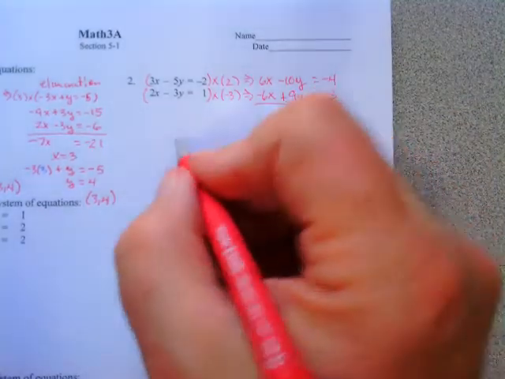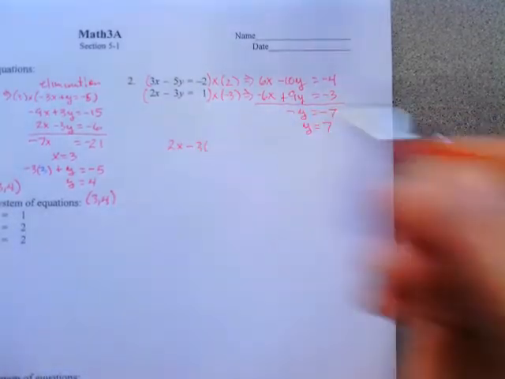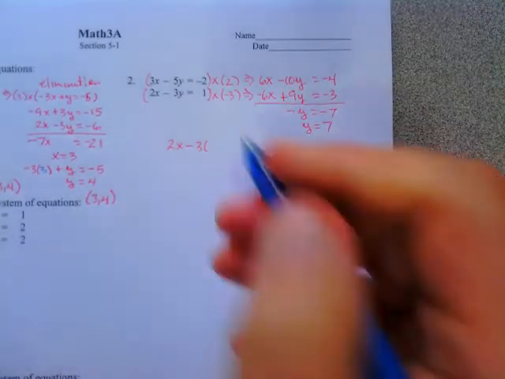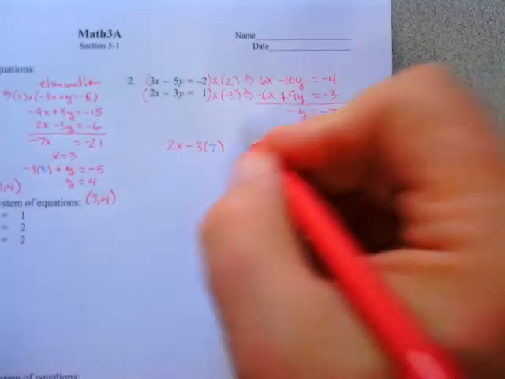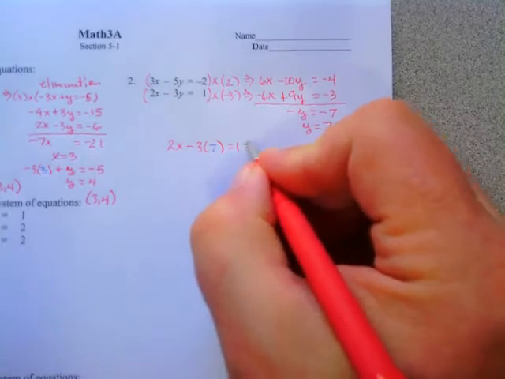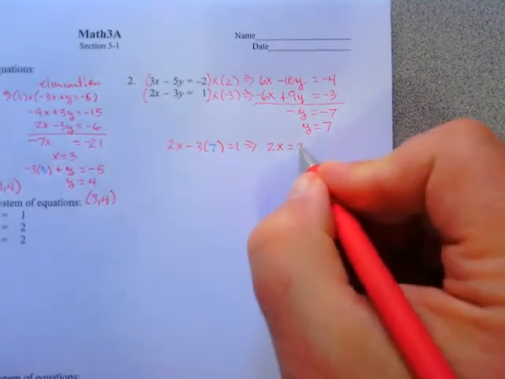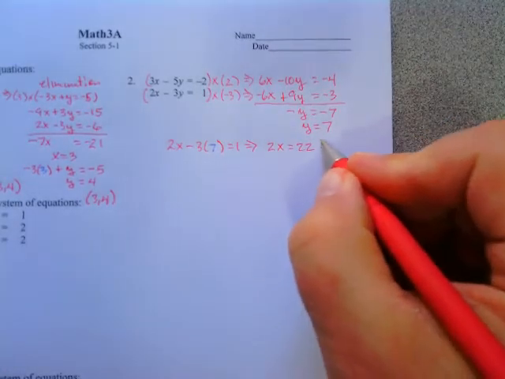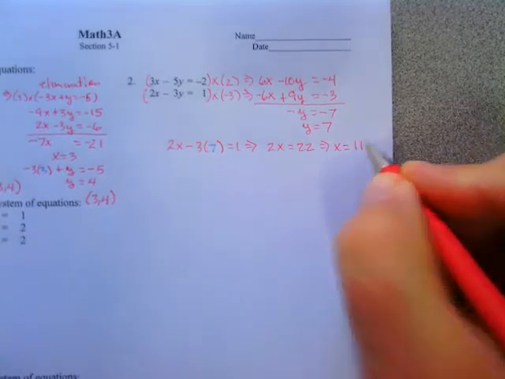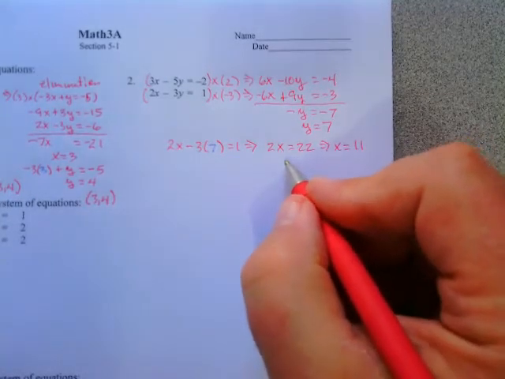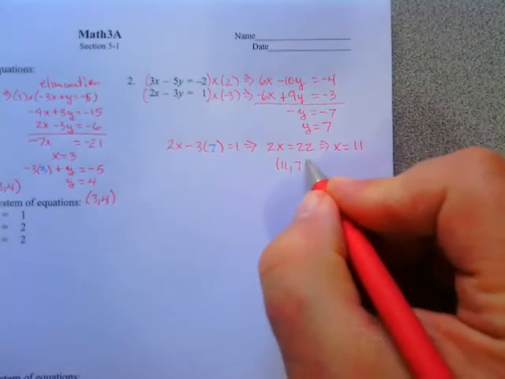Now that I have that, I can come back to 2x subtract 3, and put in that 7, equals 1. And so now I have 2x equals 22, and therefore x equals 11. And so my answer is 11, 7.